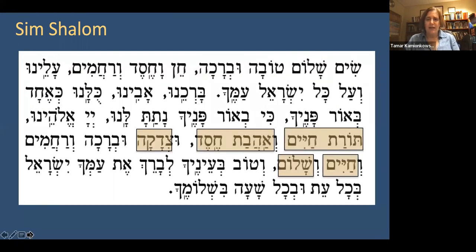Now I want to look at a cluster of nouns at the bottom. The first one we have here is Torat Chayim. And if you see the taf here, it tells us that Torah is feminine. When the word Torah is by itself, it just has your basic hey at the end, Torah.